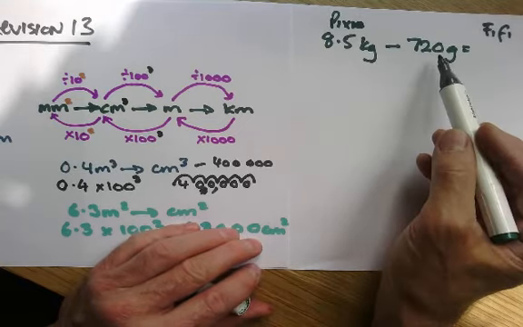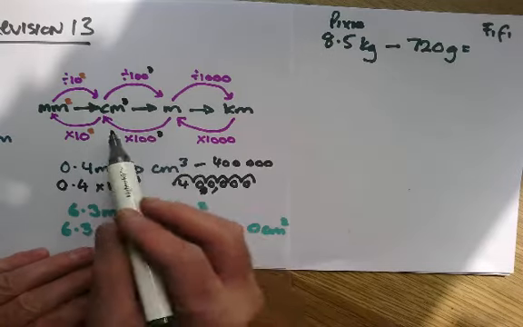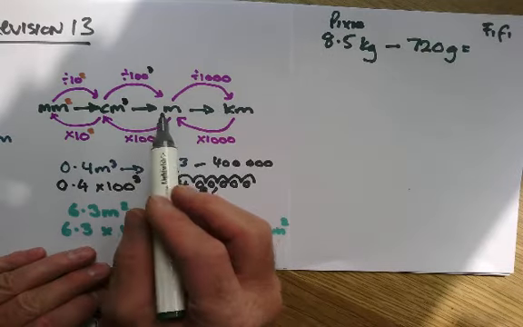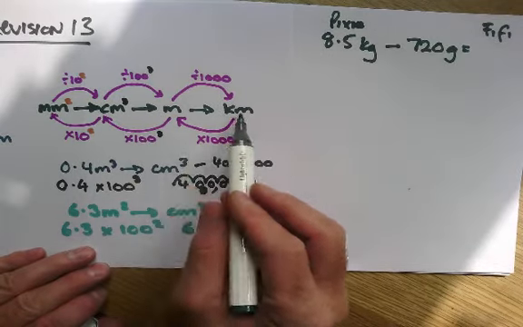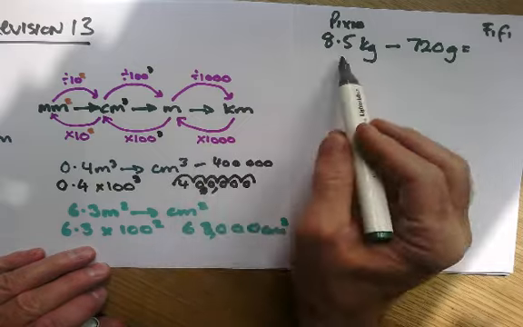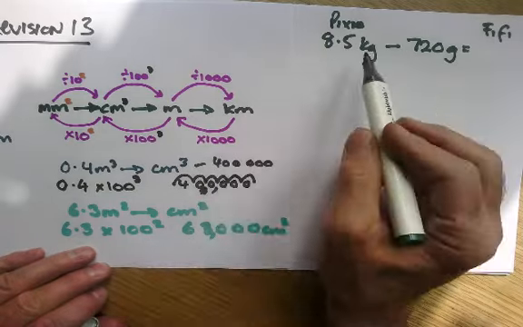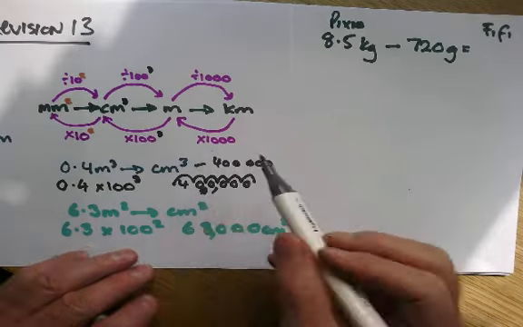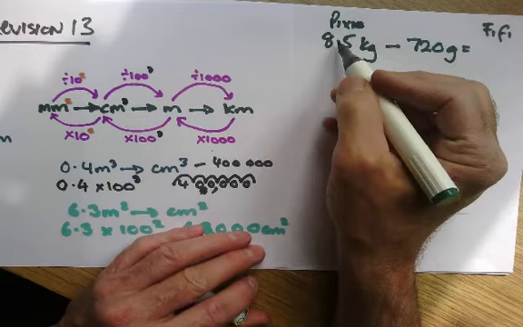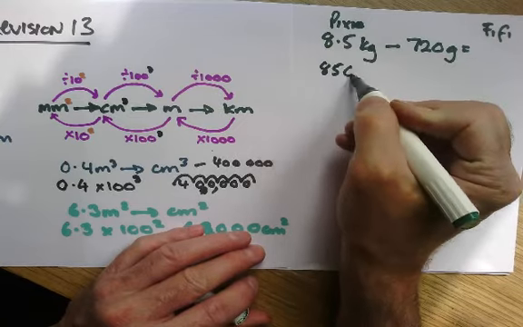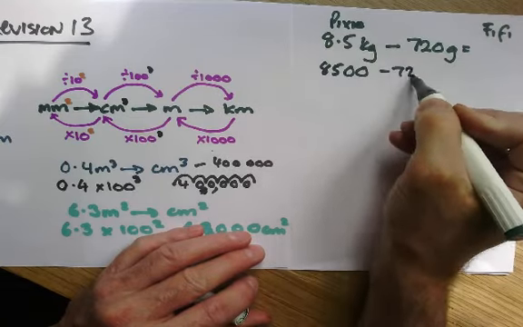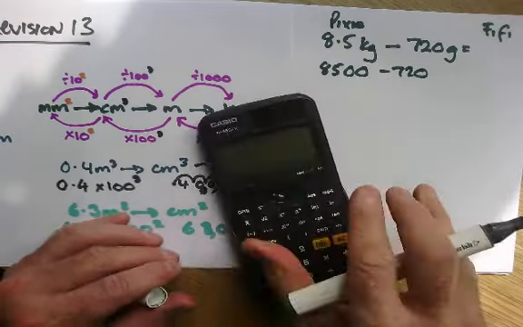So obviously the problem we've got here is we've got this in kilograms, this in grams. So again, I'm going to go from kilo to grams, like I would do here. So I'm going to times that by, and this is just weight, so we can just times it by 1,000. So that's 3 jumps. So that's 1, 2, 3 minus the 720.